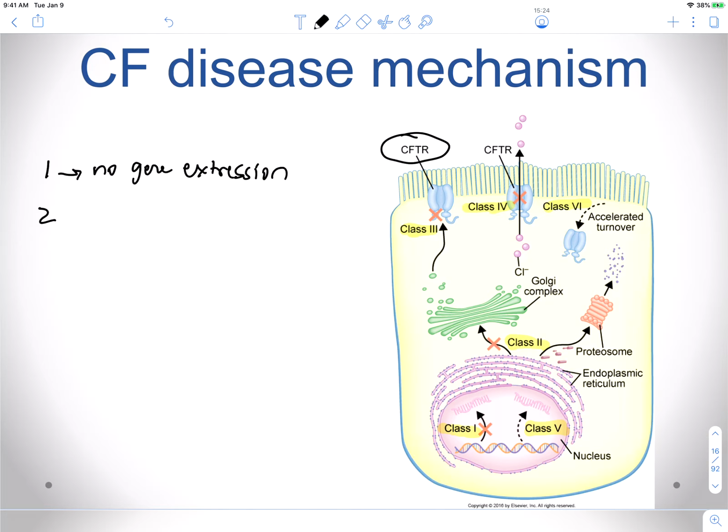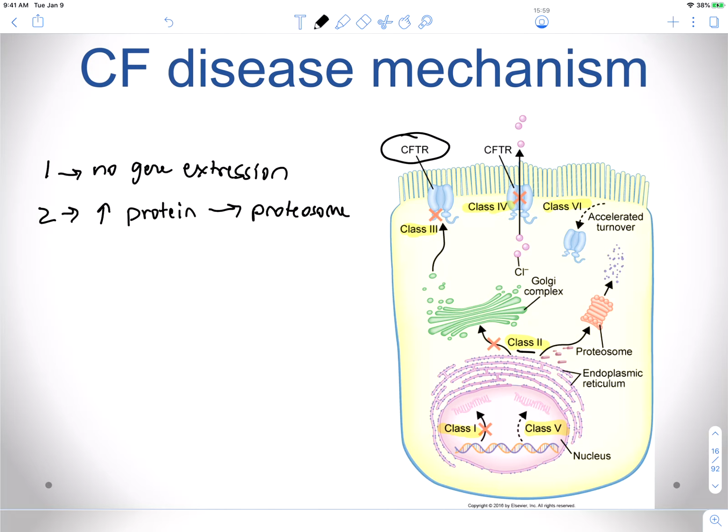So the second type of mutation that can occur is that you do get plenty of your message made, but then what happens is your protein gets targeted for degradation. So in class 2, shown here, you make your message, you make your protein, but there's increased protein targeted to the proteasome, and then you get the protein breaking down.